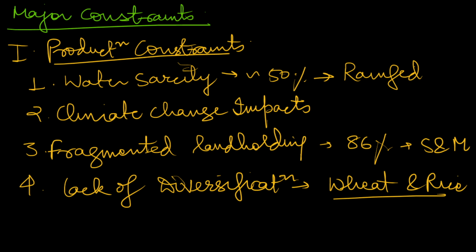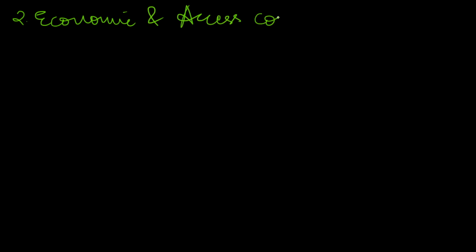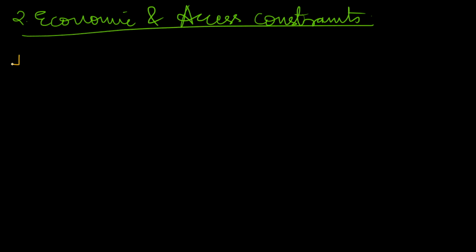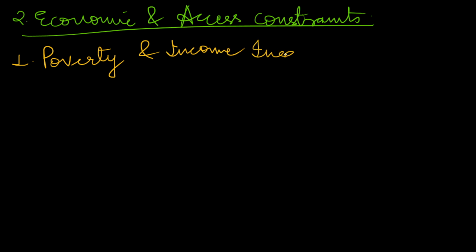Then we can also mention economic and access constraints. The second heading would be economic and access constraints. First of all, poverty and income inequality are there.